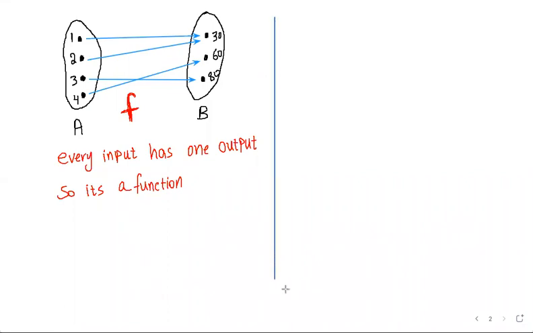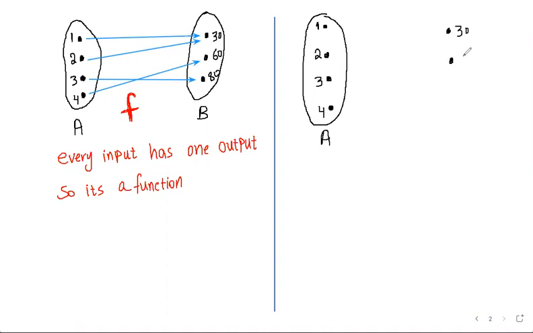1, 2, 3, 4. This is my set A, and here my set B has 30, 60, 80.